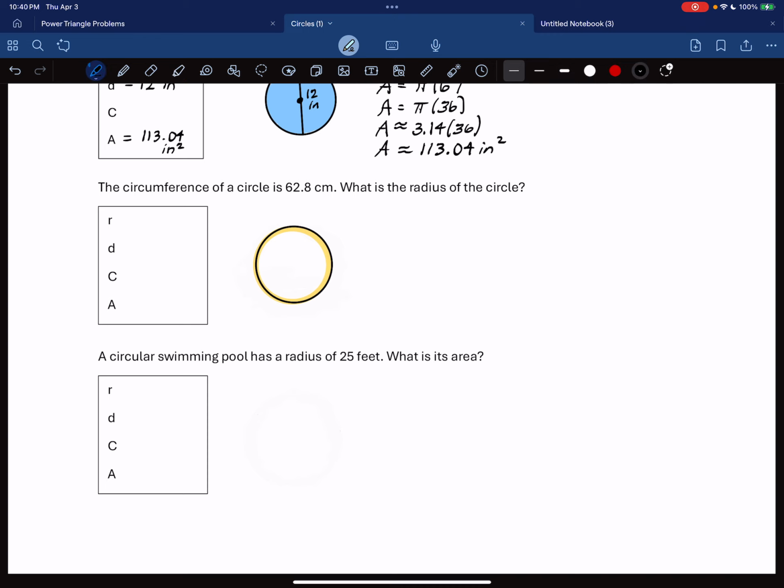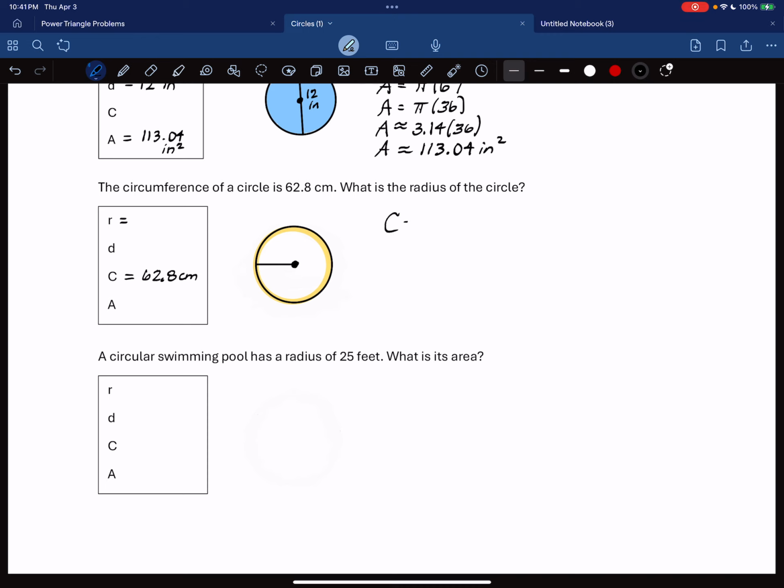And they tell us that circumference is, not approximately, they're saying that it is 62.8 centimeters. And they want us to find the radius. So they want us to find this measurement.